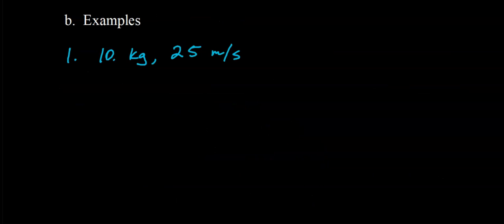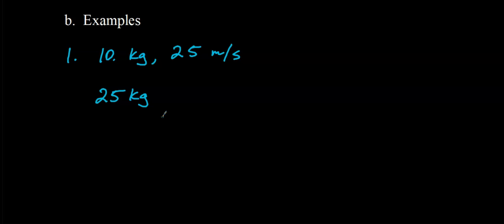Let's take a look at some examples. Suppose that a 10 kilogram object has a velocity of 25 meters per second. How fast must a 25 kilogram object move in order to have the same amount of kinetic energy? So now again, think about the difference. So this second object has a greater mass.